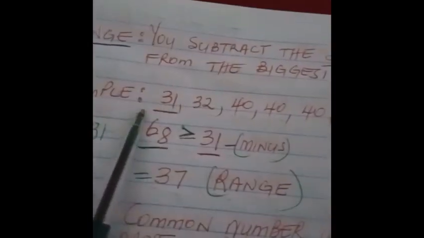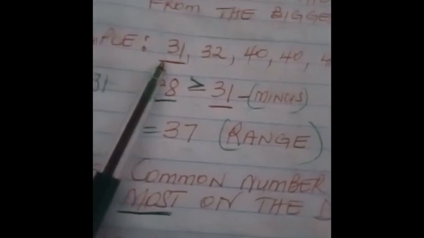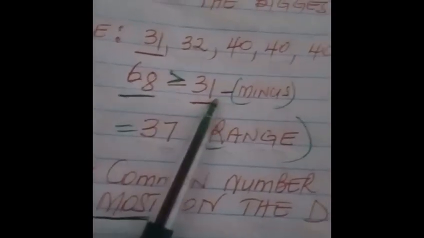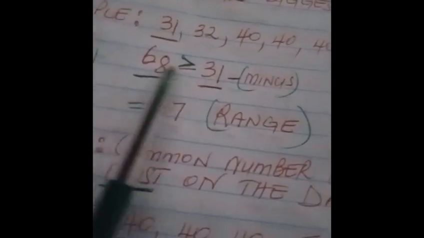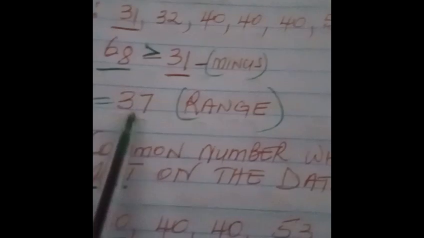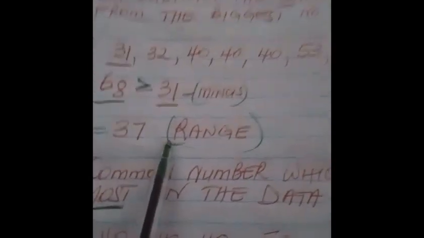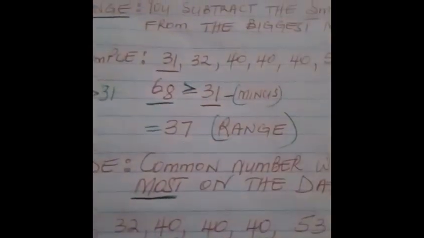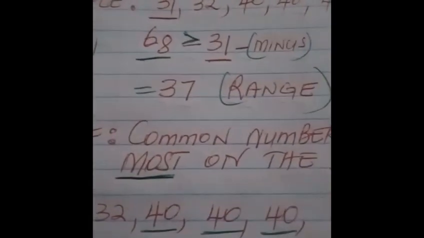So the smallest number is 31, and the biggest one is 68. So you subtract 31 from 68. 68 is bigger than 31. So you minus that 31 from 68, the balance will be 37. So 37 is our range. That is the difference between the big and small. If you minus the small one from the big one, you get a range.